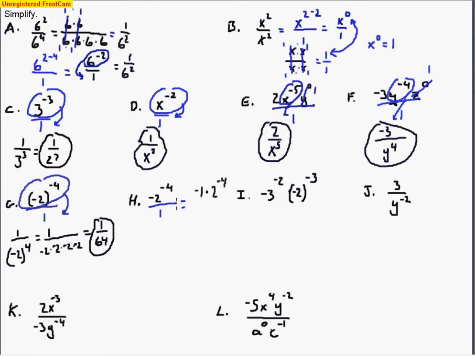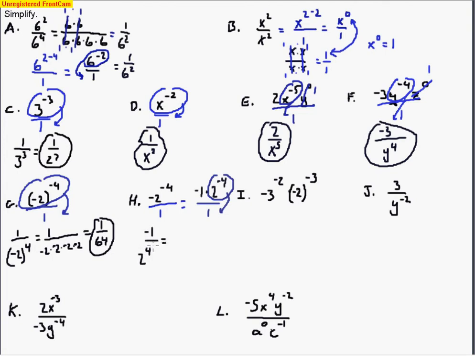So this is the opposite of 2 to the -4th, and the opposite means you need that -1 out front. Now, that -1 is not to the -4th power because it's not in parentheses. So it's just the 2 to the -4th that gets moved down below. When you do that, it becomes -1 over 2 to the 4th power.